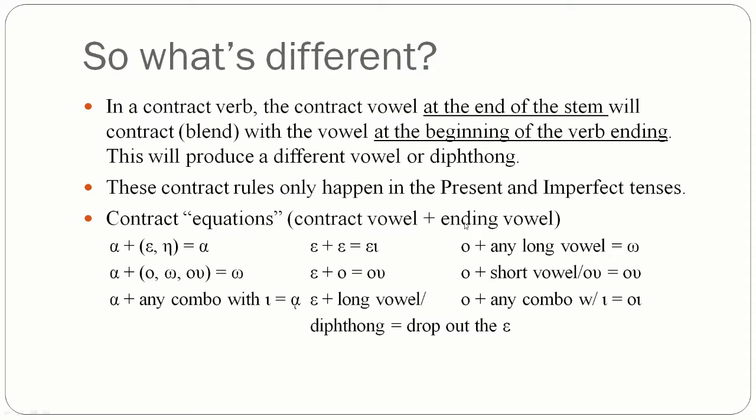All right, that's the alpha column, you can go ahead and look at the other two columns. I won't go over those in detail, but they are also found in your textbook at the beginning of chapter 19. Okay, so in the middle column, you've got your epsilon contracts, and the final column there, you have your omicron contracts.